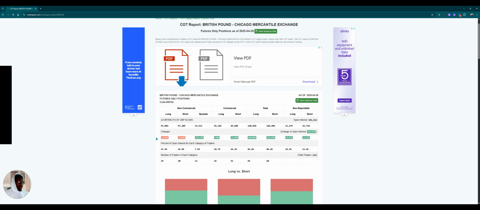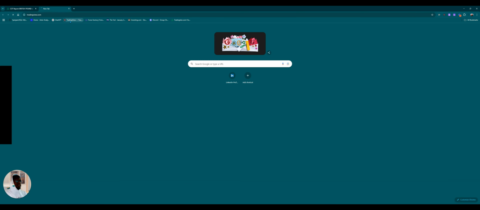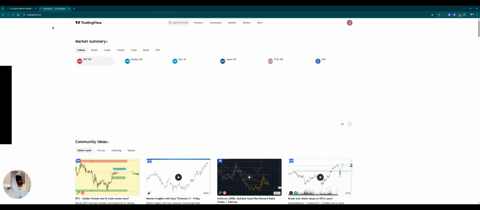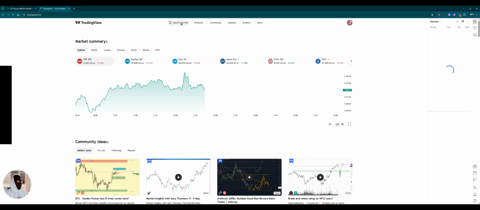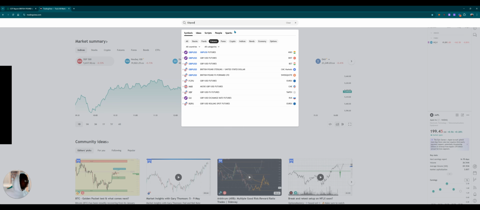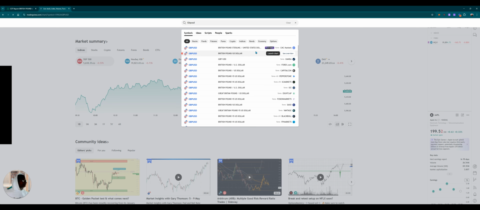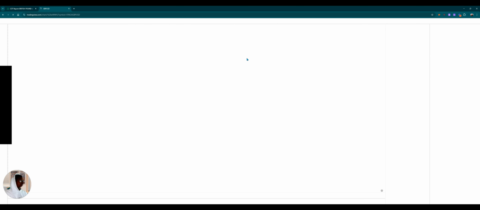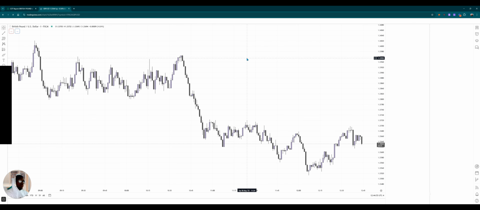We're seeing that most of these players who are trading for profit are going long on the Great British Pound, which means that if we go on TradingView, we should see that GU should be going up. So let's see what's happening on that front if it decides to load. Let's go to GBPUSD. Okay, let's see what time frame this is.